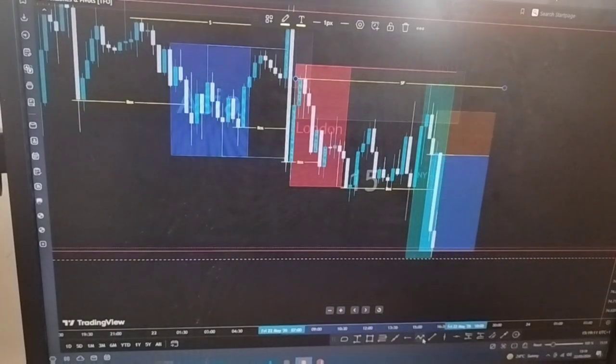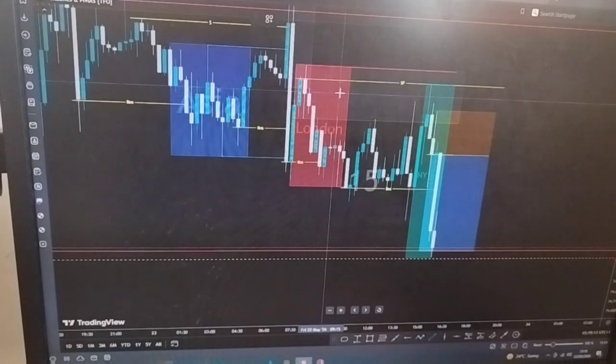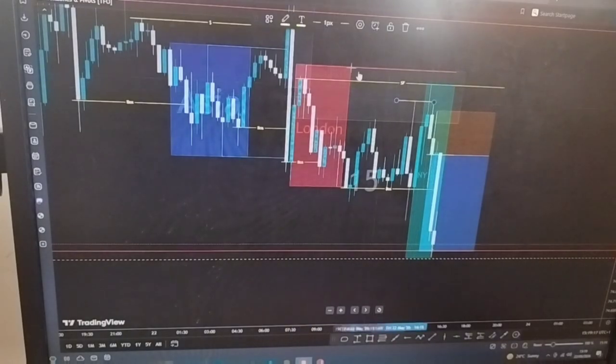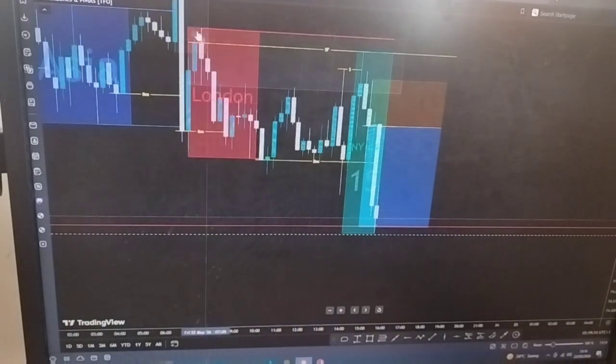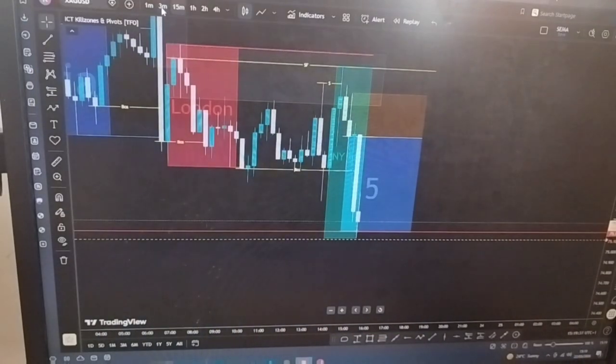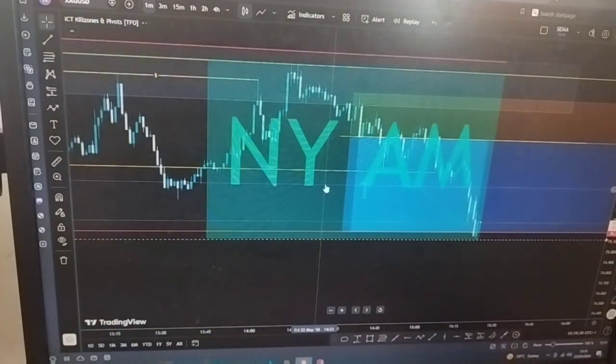Okay, meaning that by the SEMA model, this was simply a liquidity sweep movement. Okay, so market just came up to sweep liquidity and had what I call a deep mitigation of this area.